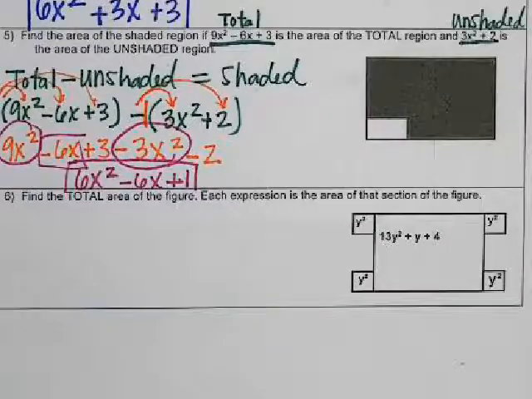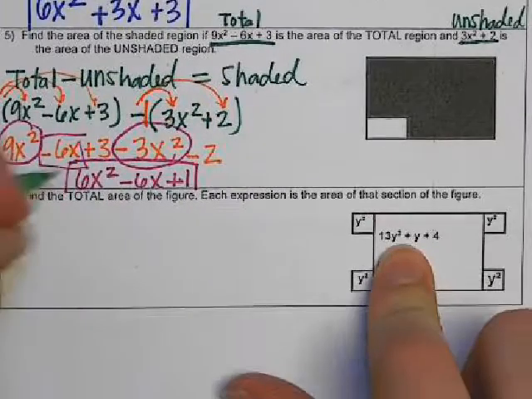Number 6 says, find the total area of the figure. So now what am I looking for? The total. Find the total area of the figure if each expression is the area of that section. So how would I do this? Add them all up, right? Do I need to put parentheses when I'm adding?